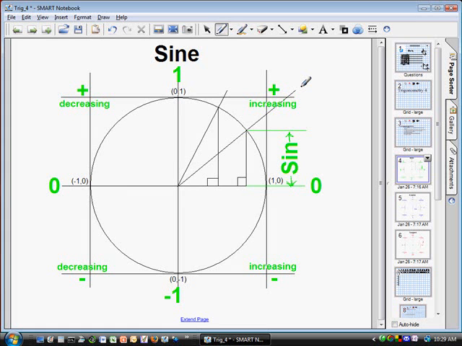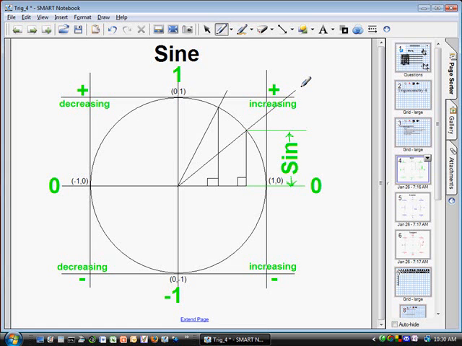Then as we keep rotating, this leg is going to start going down. It's going to be this high, and this high, and this high, and so forth. And it's decreasing, and it's decreasing down to a complete collapse down to 0. When we move down below here, past 180 degrees or past pi radians, we consider everything below the x-axis as being negative, just like we do on normal graphs. So now this leg is going to be down here, and it's going to get bigger negatively.